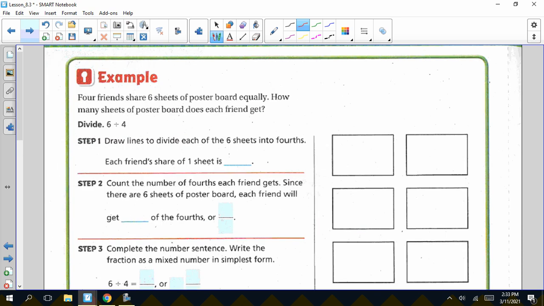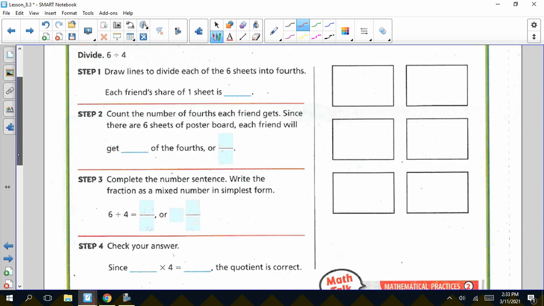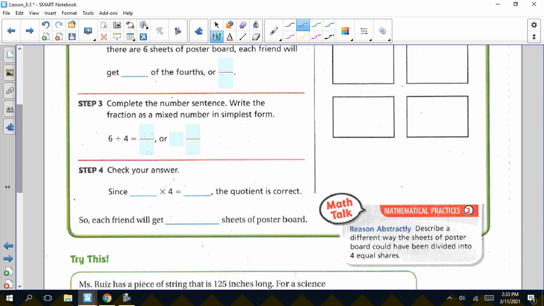On the second page, we're going to do 4 friends share 6 sheets of poster board equally. How many sheets of poster board does each friend get? So we're going to skip down here to the problem first. Let's think about 6 divided by 4 as taking the first number and putting it as the numerator, and the number that's doing the dividing is going to be the denominator.